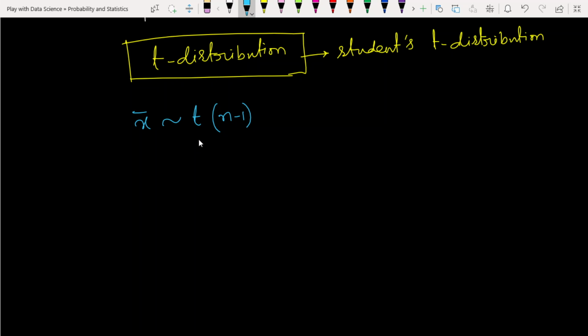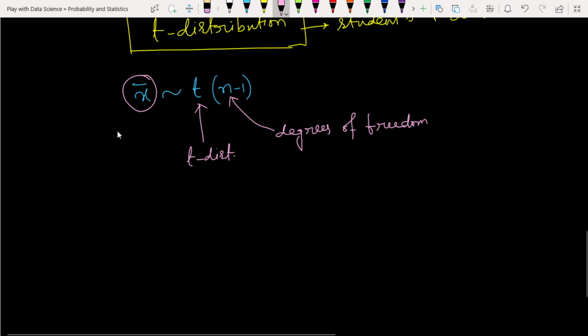This T is the T distribution, and this n minus 1 is the degrees of freedom.